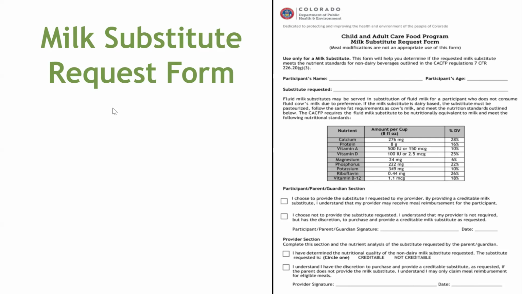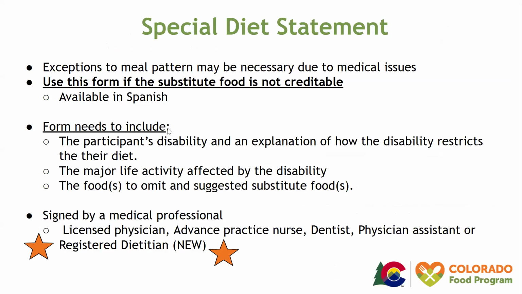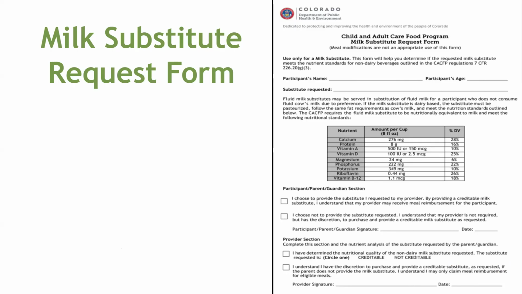And then if it's not creditable, you would either need to speak with the parent about a potential other option that would be creditable, or you would need to just not claim that child for meals served. Any questions on the milk substitute form before I dive into the special diet statement?